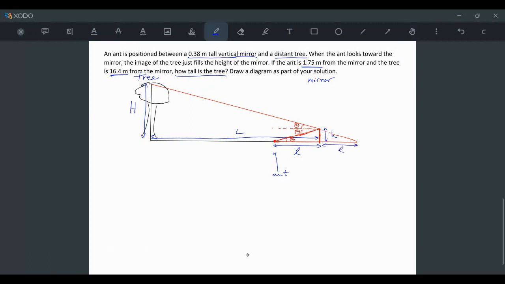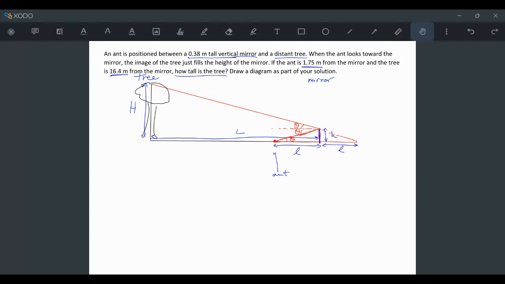The triangle that we flipped over has this distance L, and this height here is still H. So we have this tiny triangle like this, it has a right angle and an angle theta.